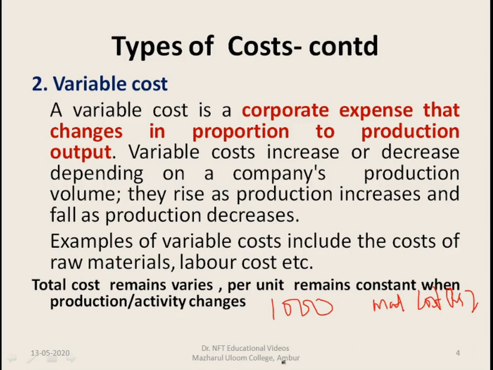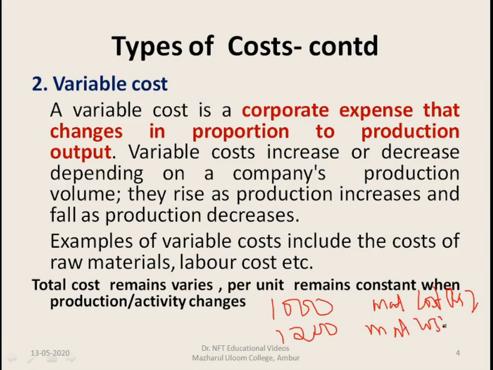When the production increases to 1,200 units, the material cost per unit will remain the same.